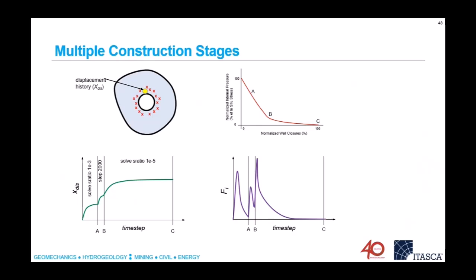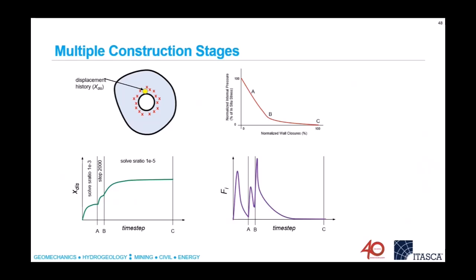Finally, you can have multiple stages, let's say multiple stages of excavation. In each stage, you may have plastic deformations, but if it's a stable model, you will arrive after each stage at some stable solution. You may have multiple fields of displacements or velocities stabilizing, or you can follow the unbalanced force and see how it goes down to zero.